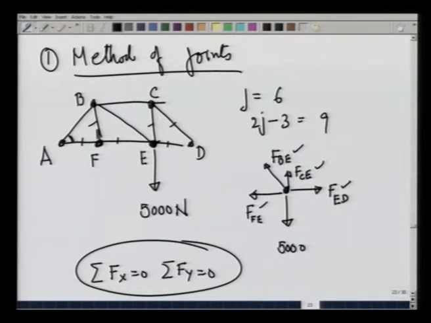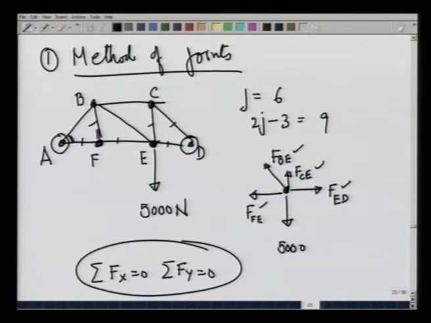For that, what I should do is get to those points where there are 2 unknowns only, and those points are A and B, A and D. So, first thing is to get the forces at A and D and then go to other joints from there onwards. So, let us do that.